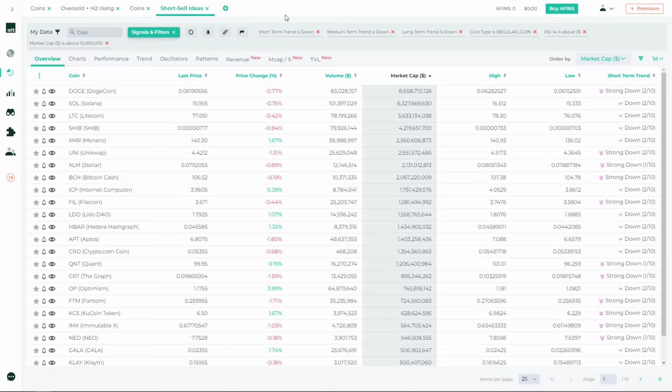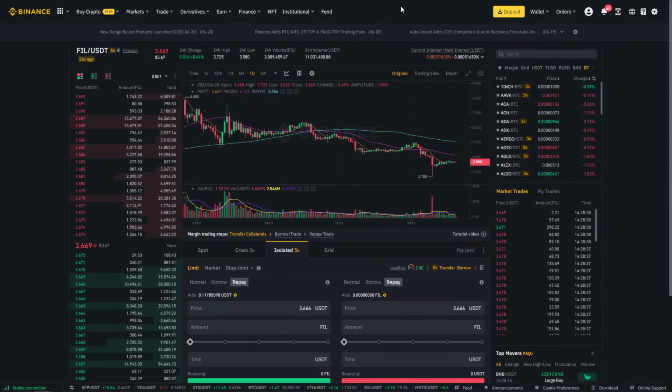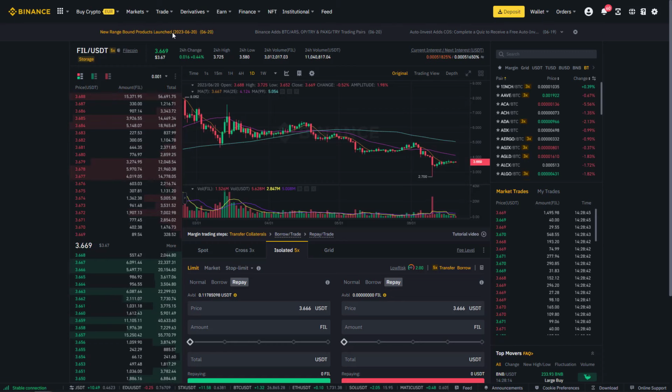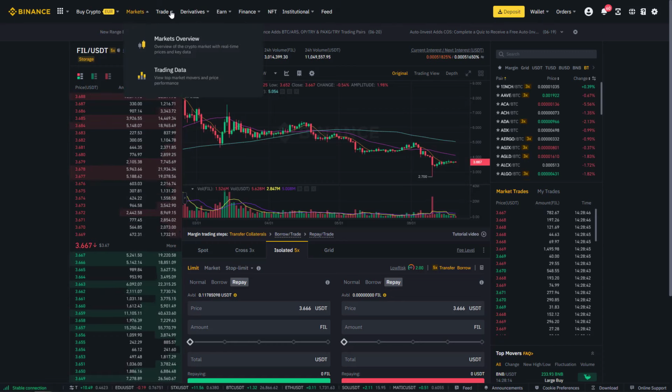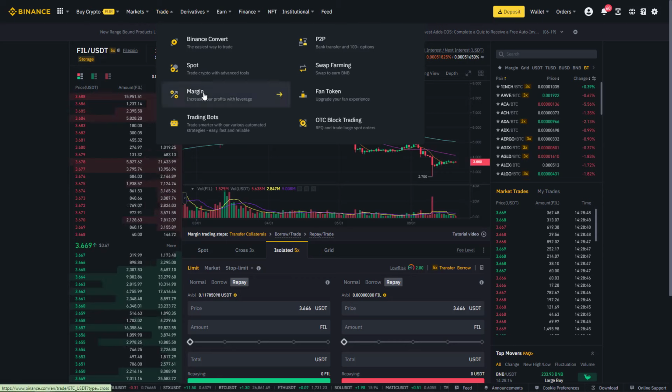Now for the execution. If you haven't sold assets in the past, this can also take some practice and learning. I'm going to execute these trades on Binance. Here I am on Binance exchange, and to short sell, first of all, you have to have your margin account enabled.